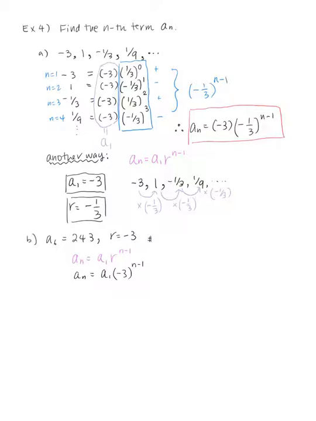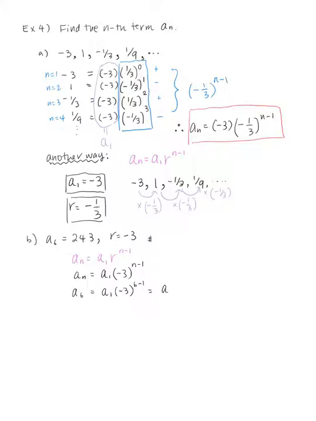To find the first term, you're already given that the sixth term of the sequence is 243. So let's replace our n with 6. Here we go: a sub 6 is a sub 1 times negative 3 to the 6 minus 1.